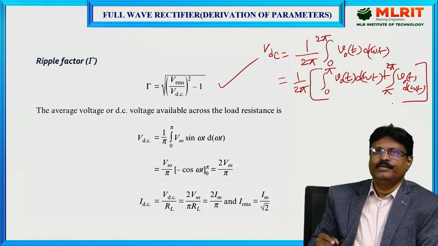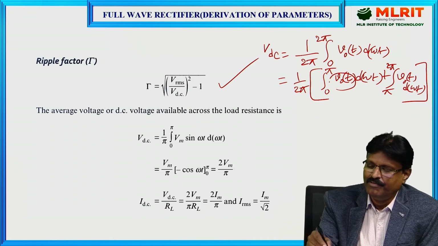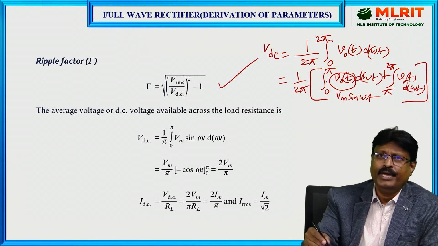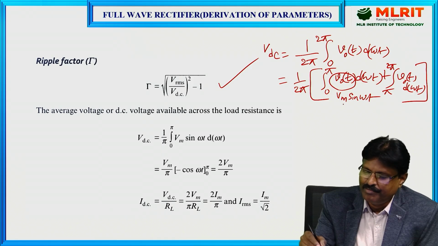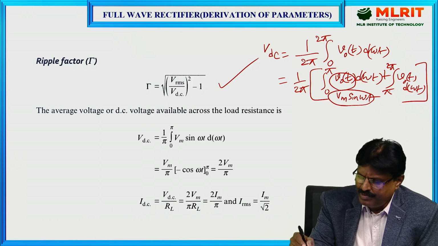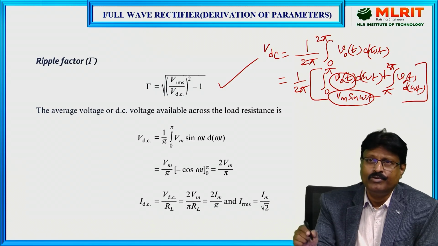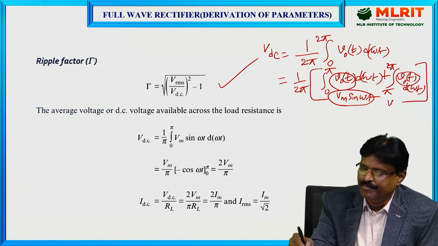Okay, so we observed in the last discussion about the operation that V naught of t will be equal to Vm sin omega t whenever omega t is in between 0 to pi. That means during the positive half cycle, we need to take the value of V naught of t as Vm sin omega t. Similarly here, whenever omega t is in between pi to 2 pi, once again V naught of t will be equal to the same Vm sin omega t.